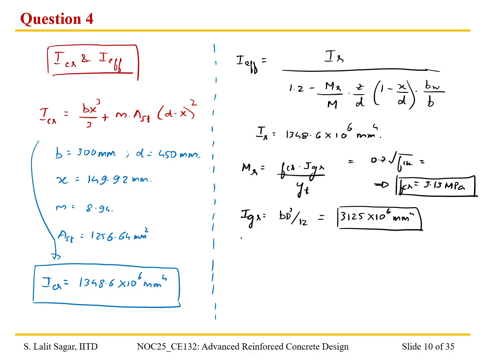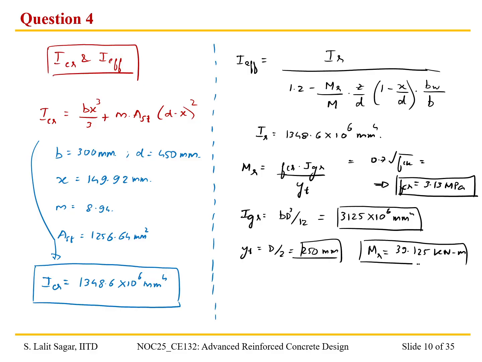Then YT is half of the total depth, so YT is equal to capital D by 2, that is 250 millimeter. Once we substitute all these values, we get the value of MR as 39.125 kilonewton meter.